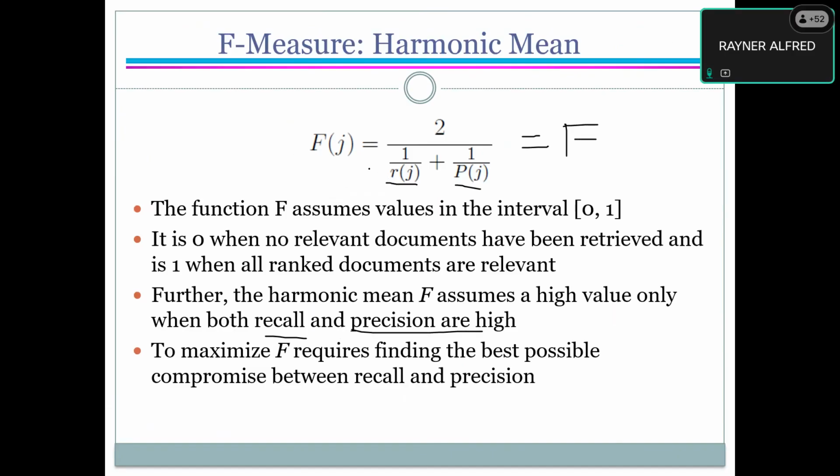So only when you have recall 100% and precision 100%, then you get this one to be 1. But sometimes you get recall low, sometimes you get precision high, sometimes you get recall high, sometimes you get precision low. So that's why, in order for us to get the best combination, we need to maximize the F value, the F measure.